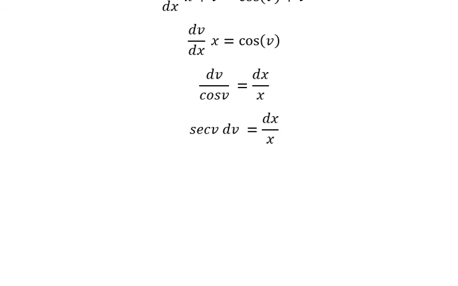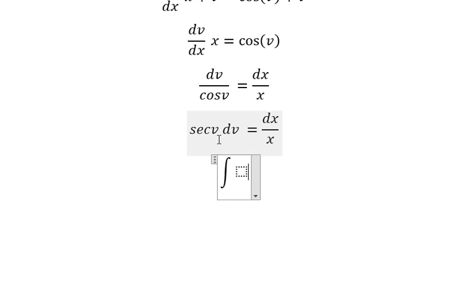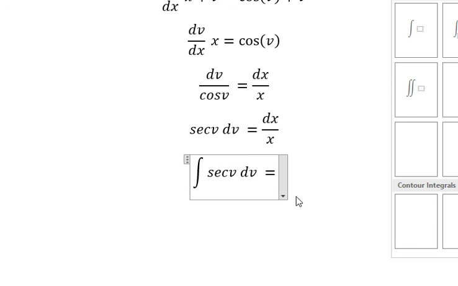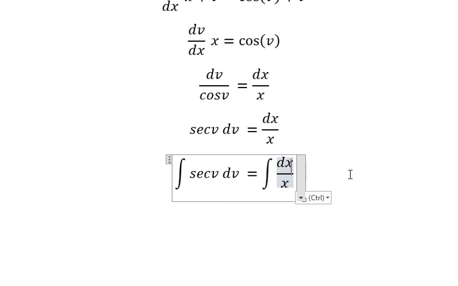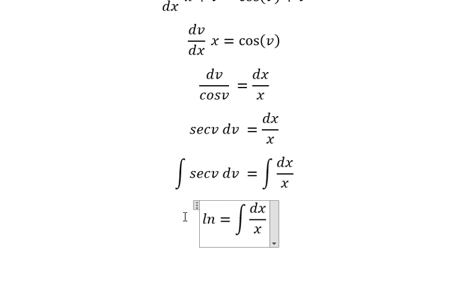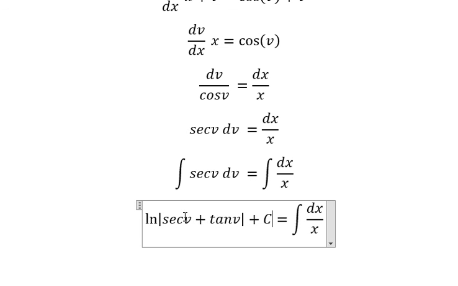Next, we put the integration for both sides. The integration of this one, you get ln of the absolute value of secant of v plus tan v, and we put c.